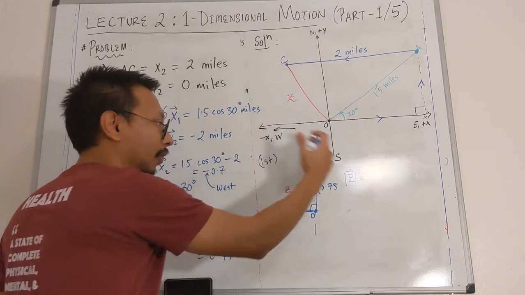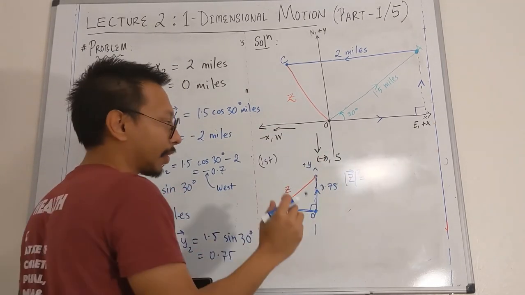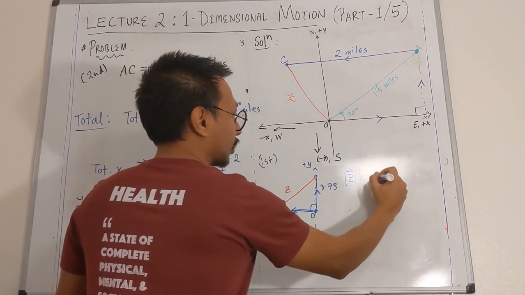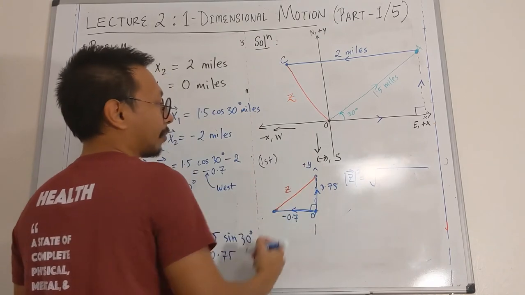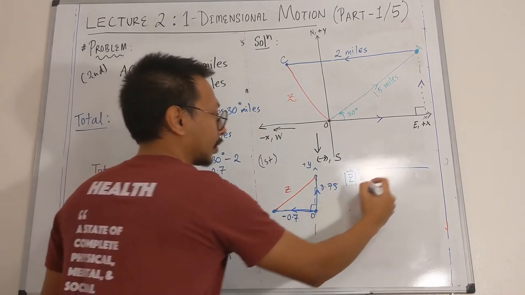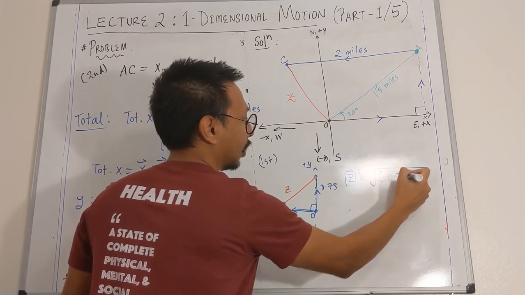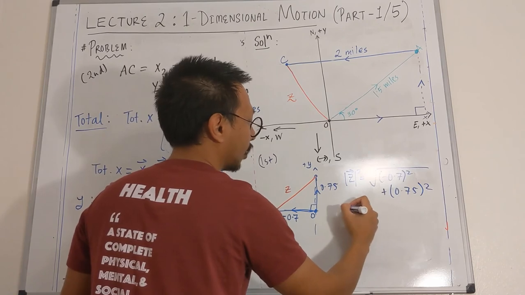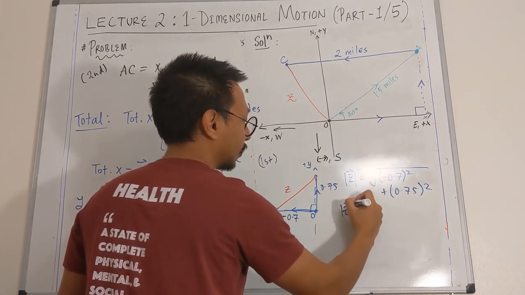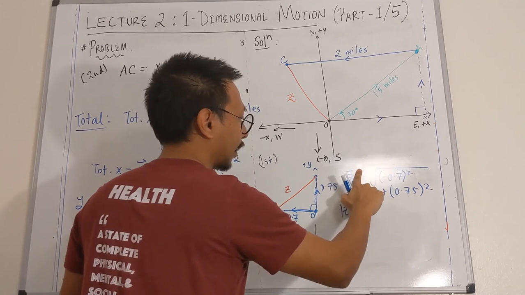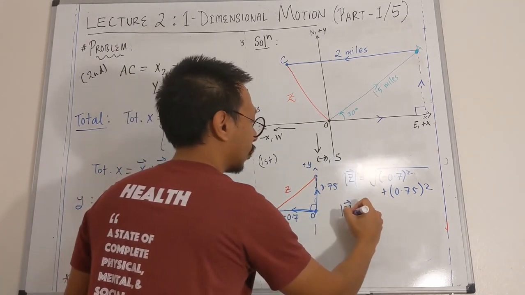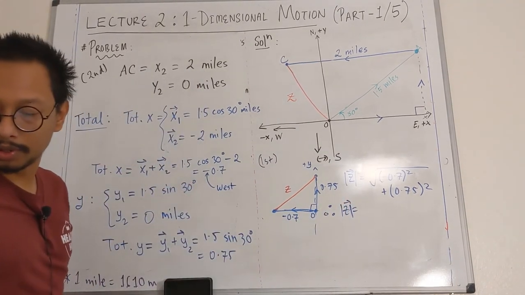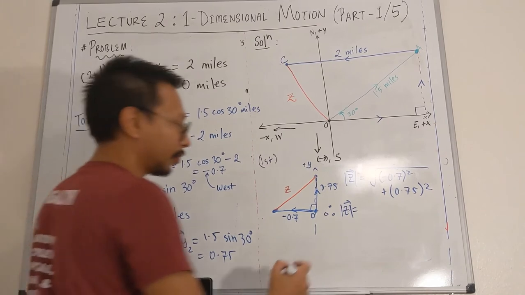Any vector can be solved like this: the magnitude of the vector is the Pythagoras theorem applied to a triangle like this, with its x part and y part as the other sides of the triangle. So z squared is minus 0.7 squared plus 0.75 squared, and you square root both sides, and z is equal to 1.03 miles.